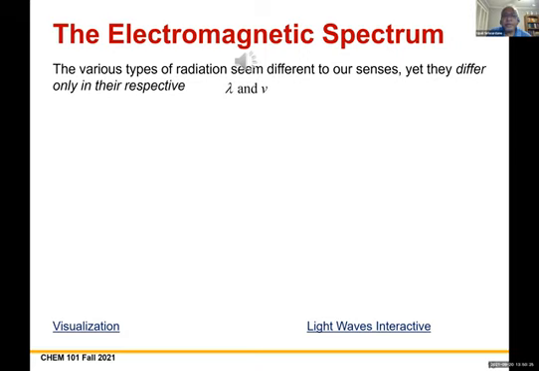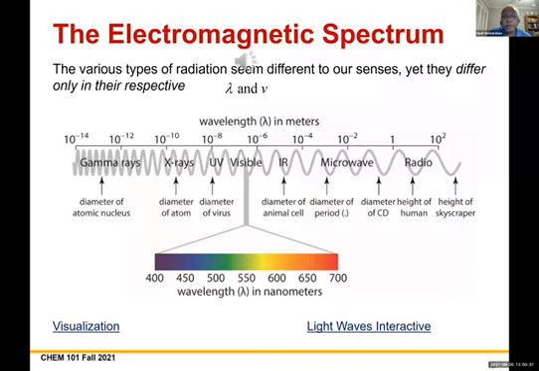The EMR spectrum can be shown on a scale of lambda or frequency. If you look at this diagram, the wavelength is on top. The shortest wavelength is gamma rays, which have the highest energy.